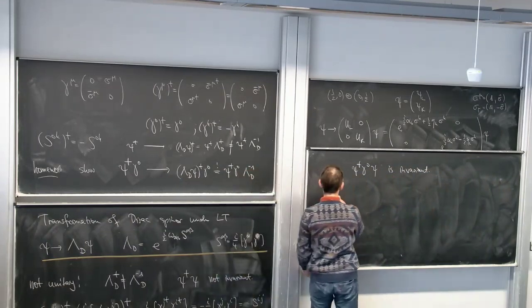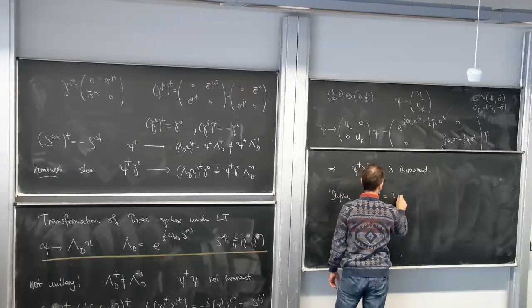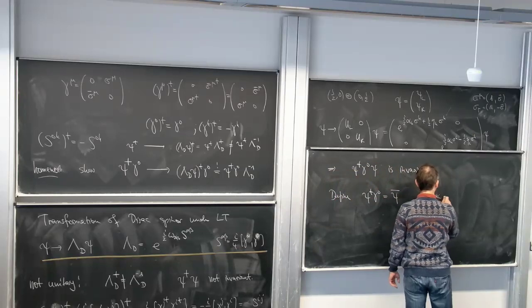And since that's the case, define psi dagger gamma 0 as something shorter, like psi bar. Call this the Dirac conjugate.